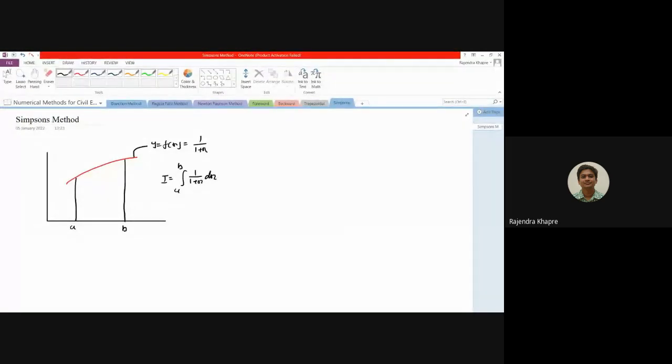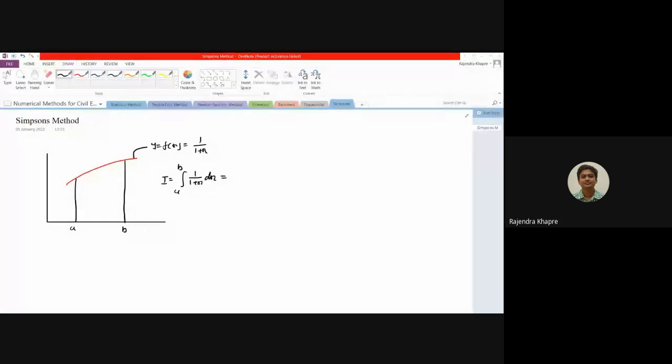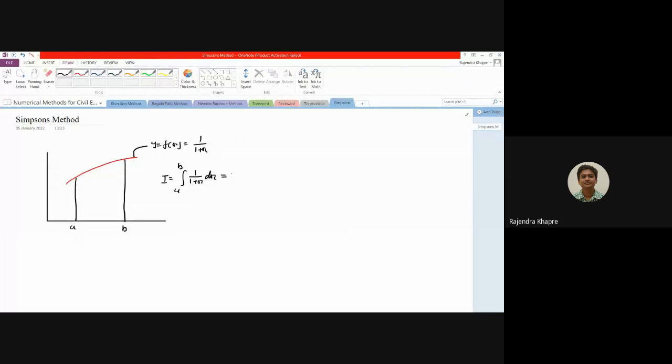Okay, so this is what is expected, and if you remember, the correct solution of this is log to the base e of 2.